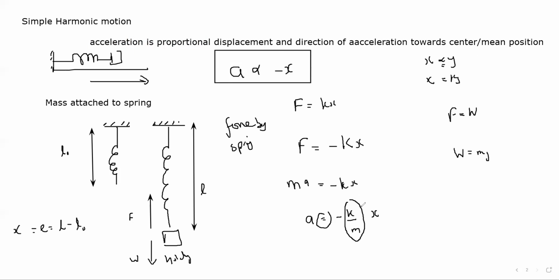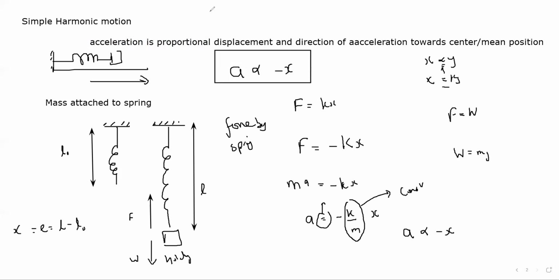So if I replace the constant and the equal to, they will be replaced by the proportionality sign. So we can say a is proportional to minus x.